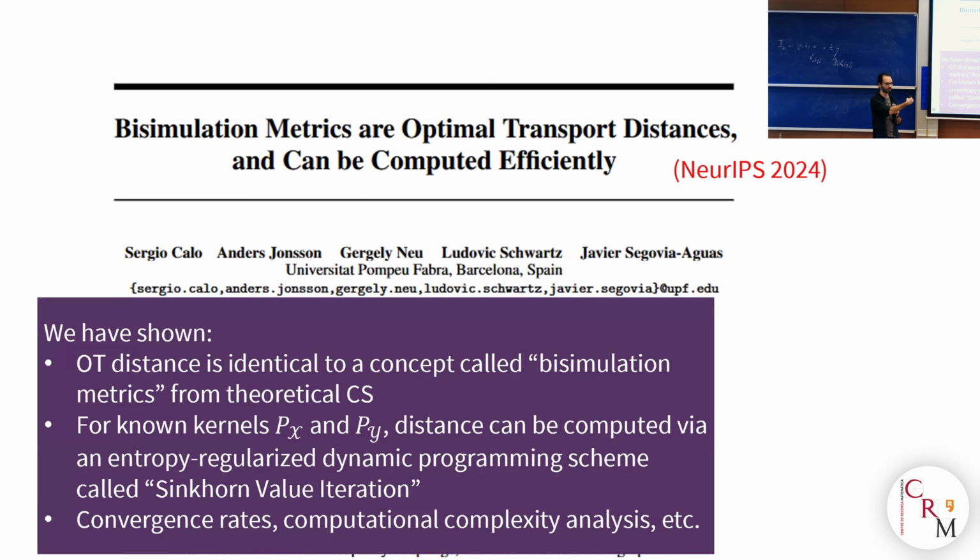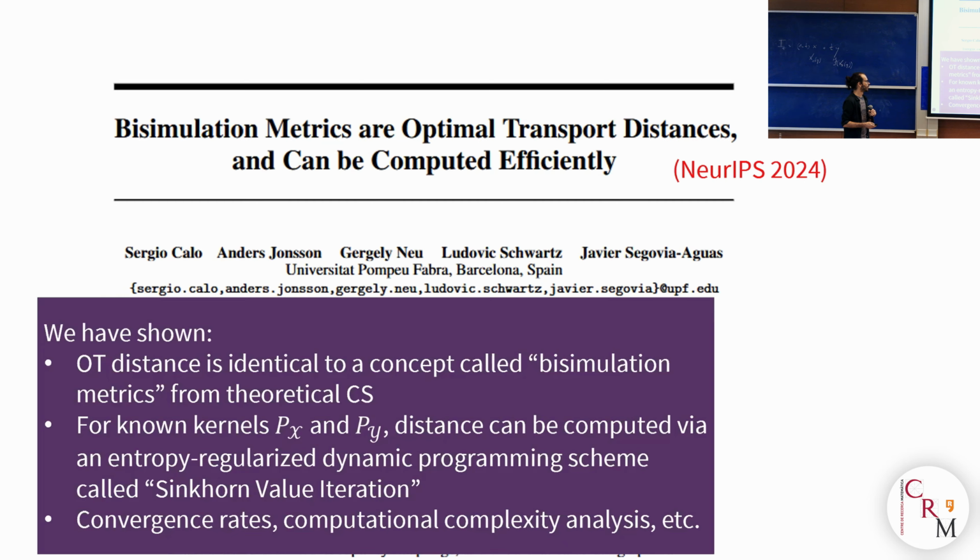This concept from theoretical computer science was connected with this concept of optimal transport from pure mathematics, which is totally new. And in case I know the kernels Px and Py, we managed to construct a computationally efficient algorithm that computes optimal transport distances for the first time in the literature with provable rates, convergence guarantees, computational complexity analysis, and so on. So we were pretty happy with this.